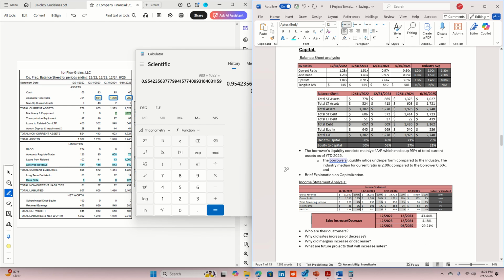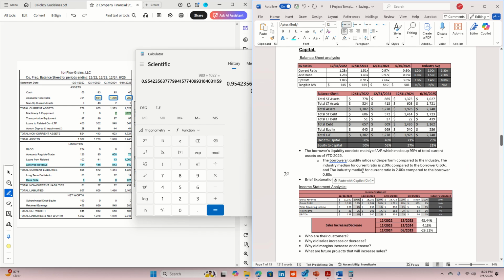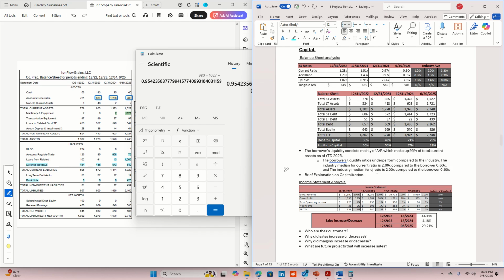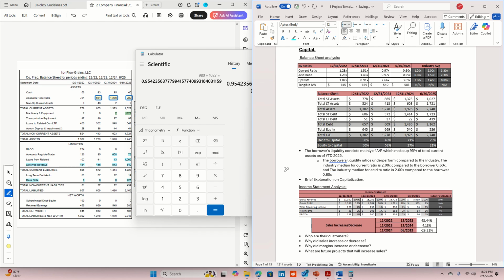And I'm just going to copy this statement because I'm going to say the exact same thing over again. And the industry median for quick ratio, or let's say acid test ratio, is 1.50x compared to the borrower's 0.59. Okay.